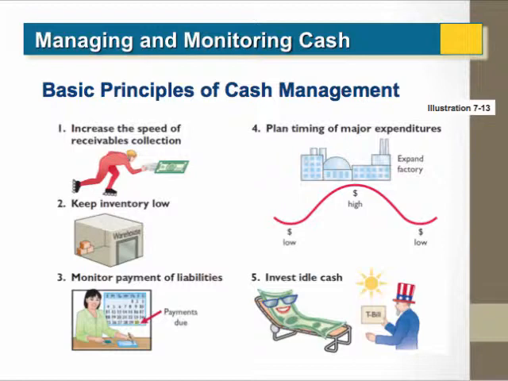Third, we want to monitor the payment of our liabilities. We want to pay our bills when they're due. We don't want to pay our bills too early, because then our vendors receive the benefit of our cash and we haven't properly used our cash on a timely basis.